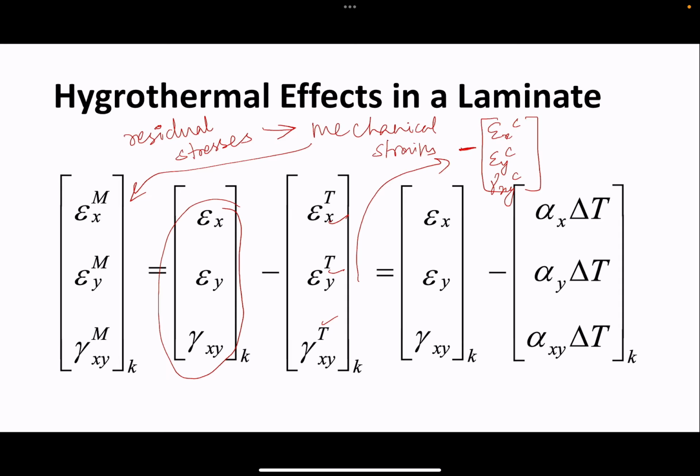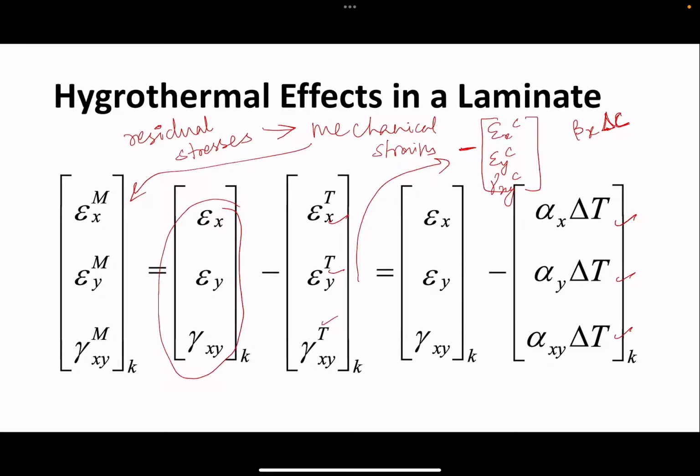So we have seen this already. Your thermal strains are thermal coefficients multiplied by the change in temperature. Similarly, your strains caused by moisture are equal to the moisture coefficient, or coefficient of moisture absorption expansion, beta, multiplied by the concentration of moisture absorbed by your layer. So this we have already seen.